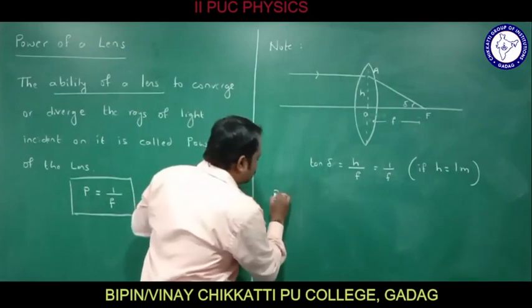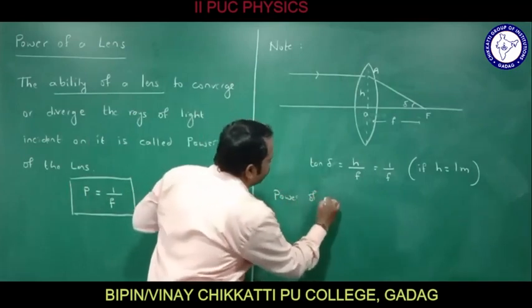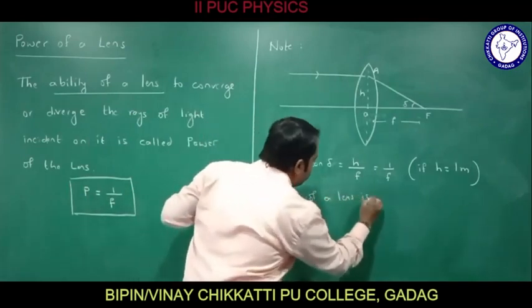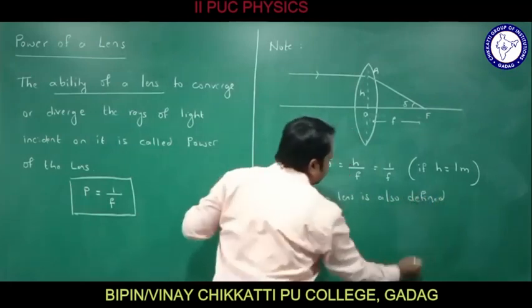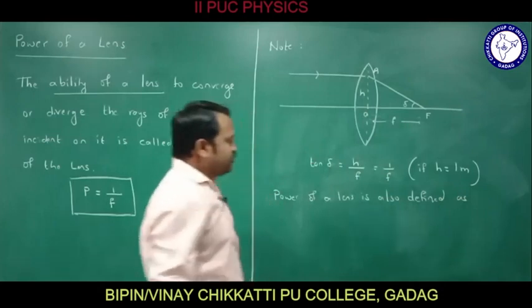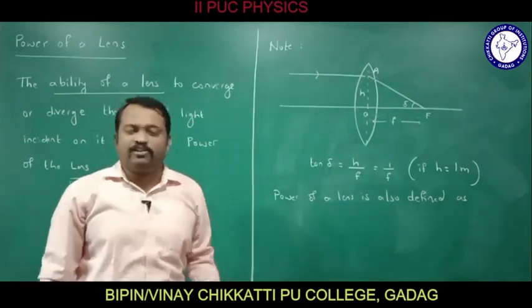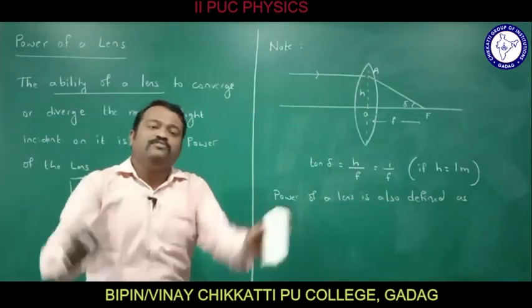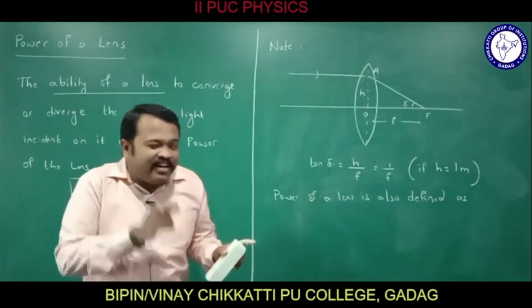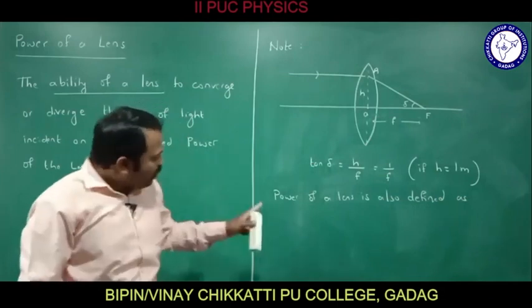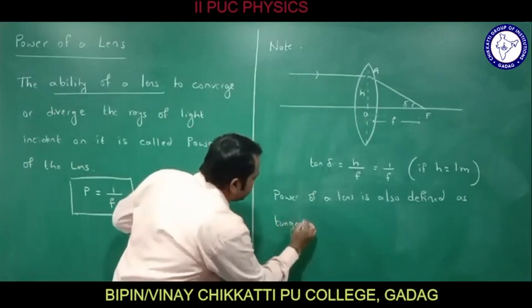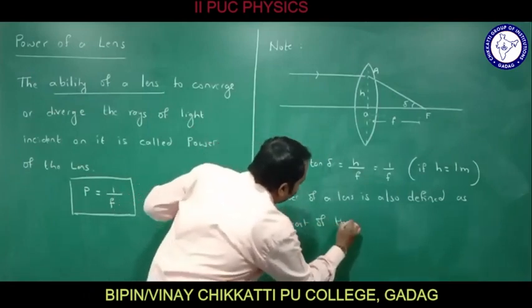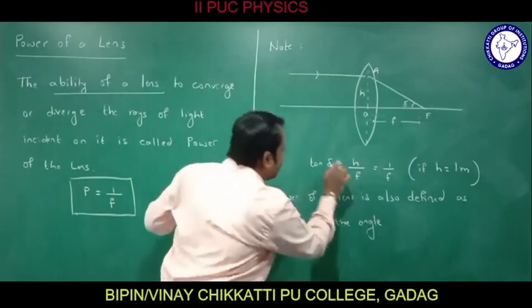Shall I write like this? Power of a lens is also defined as follows. We have already studied the definition of power of a lens: it is the reciprocal of its focal length. Here we are defining it in terms of angle. So power of a lens is also defined as the tangent of the angle.